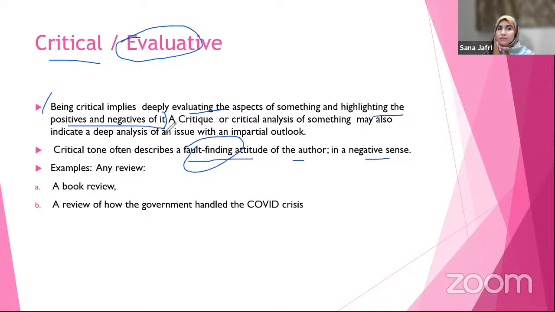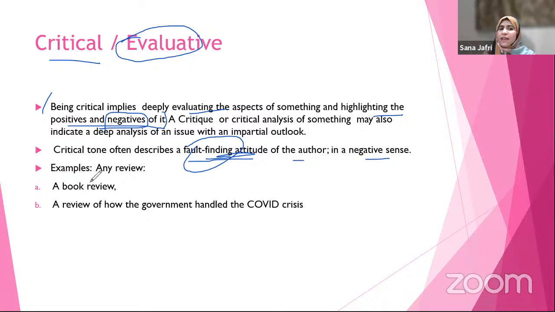But often, in reality, wherever passages of critical nature turn up, most of them are actually fault finding. Most of them, after an analysis, of course, come up with the negatives of it. While an analytical passage may have the what of it and the why of it, and it may pick up any aspect of it, the critical essentially is about evaluating the performance of something.